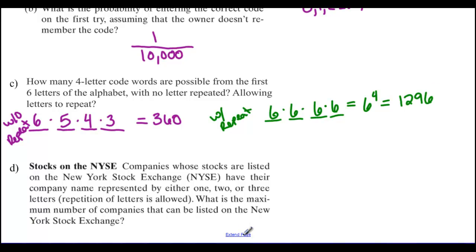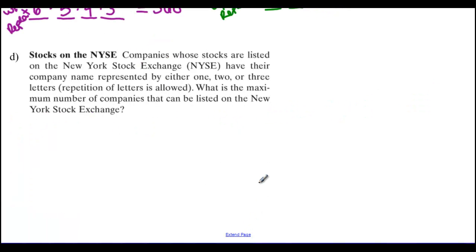All right, now for D, stocks on the New York Stock Exchange. Companies whose stocks are listed on the New York Stock Exchange, the NYSE, have their company name represented by either 1, 2, or 3 letters. Repetition of letters is allowed. What's the maximum number of companies that can be listed on the New York Stock Exchange?